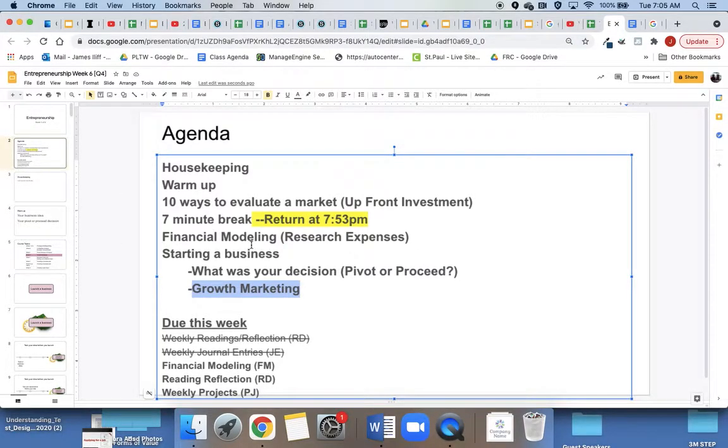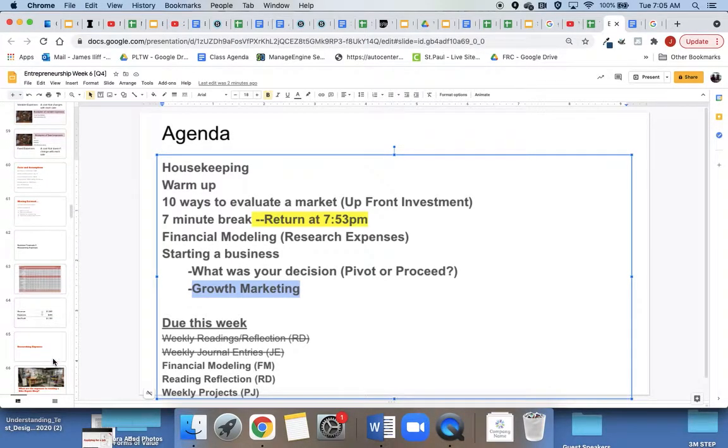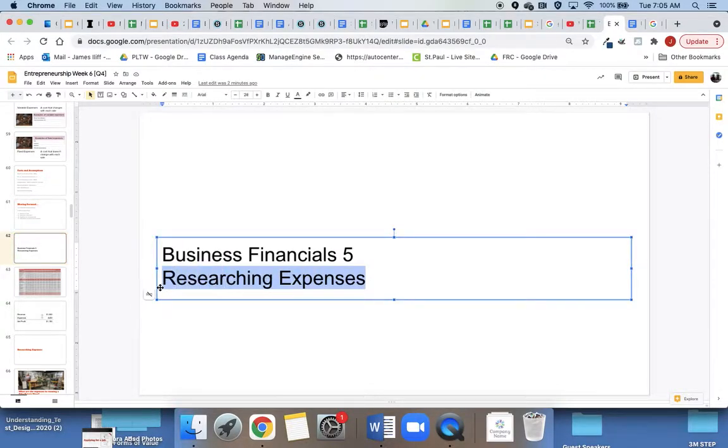So we're going to begin with our financial modeling. Last week we were looking at variable versus fixed expenses. This week we're going to be looking at how you respond if you don't actually know what all the expenses are for a business.